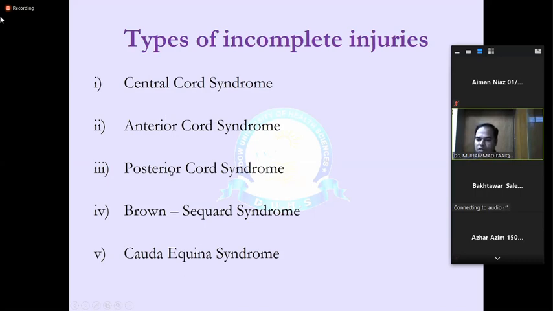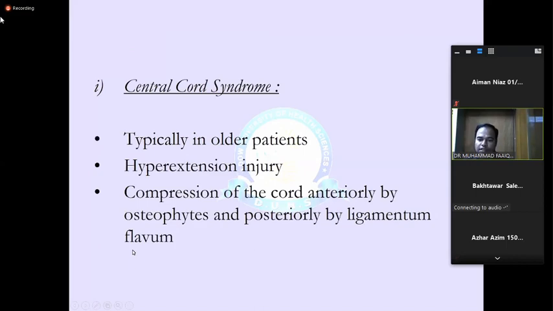Posterior cord syndrome is because the posterior columns are involved. Brown-Séquard syndrome is the hemisection of the cord. You have heard this term in your first year MBBS also. Cauda equina syndrome: when you are posted in our ward, we will show you the patients of cauda equina syndrome. So what is central cord syndrome?